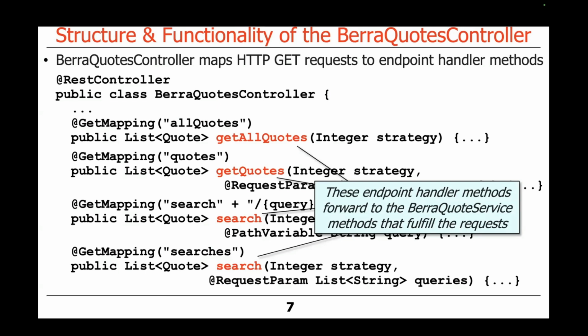You can also get back quotes by searching for a given string that appears in a quote, like the word baseball, for example. And then you can also search for a list of queries. So you might say baseball, and you might say over, and you might say slump. These are words that might appear in BerraQuotes. And what you get back in all these cases are lists of quotes. That all looks pretty much just like good old Java.